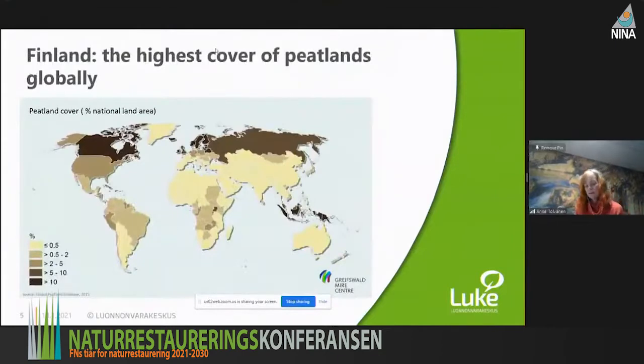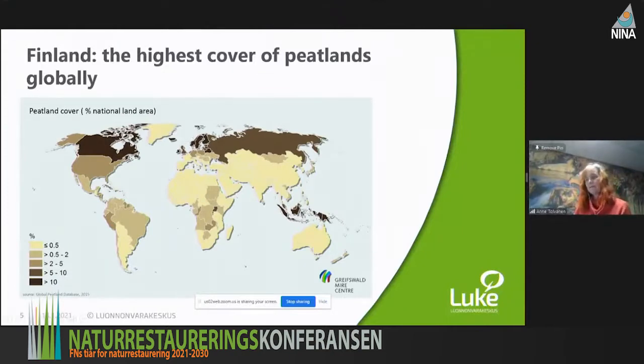Before going to the results of our project, I will just explain shortly the status of the peatlands used in Finland. So we have the highest cover of peatlands globally. You can see on this map that Finland, Sweden, and Norway are all in black color.